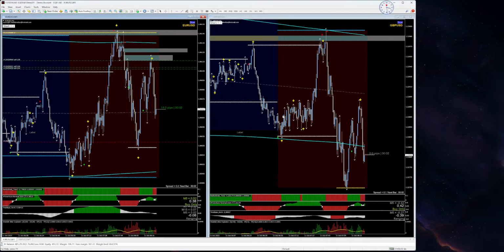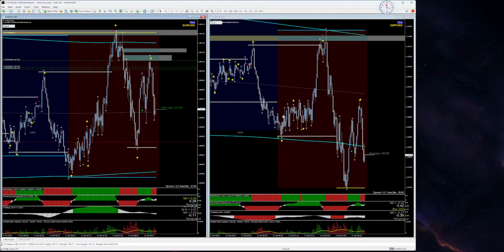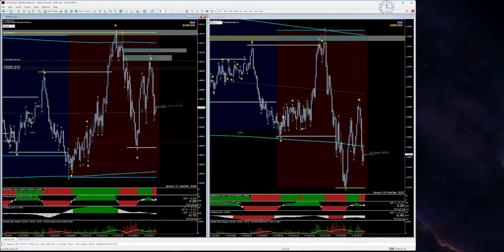There's only a tiny little gap that I see right now. Very efficient price delivery. Hope it's not so efficient that it hits my stop loss.